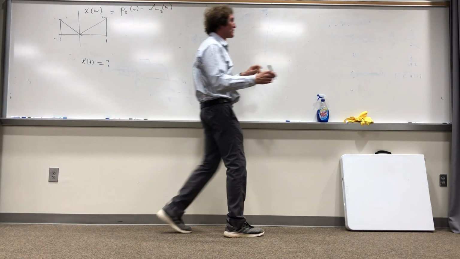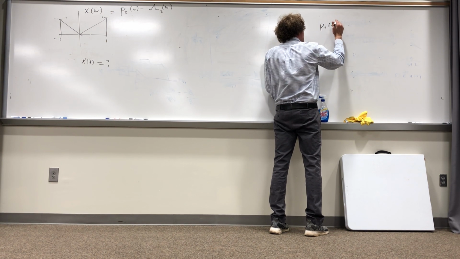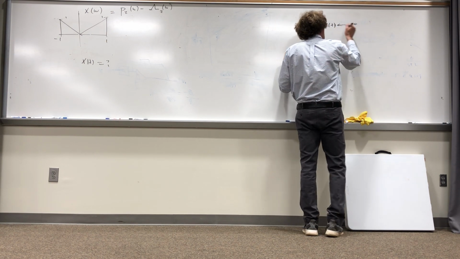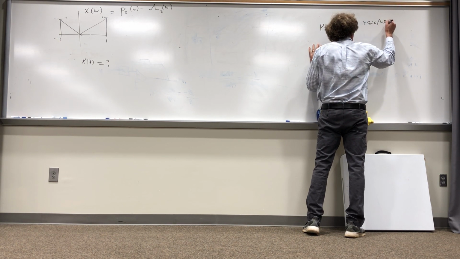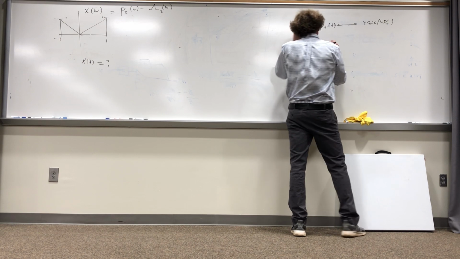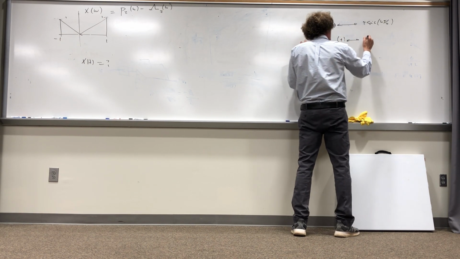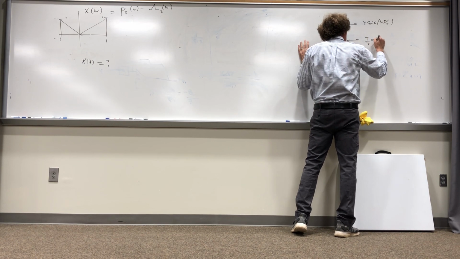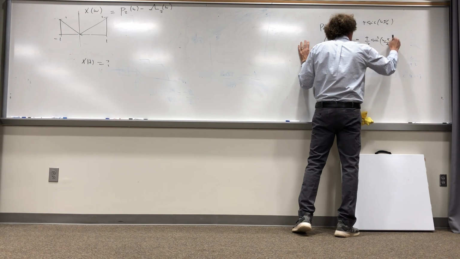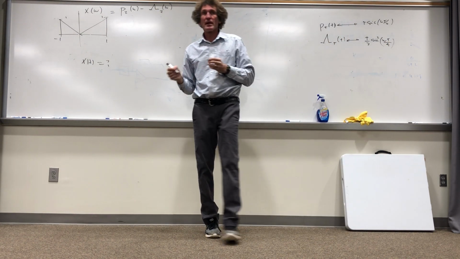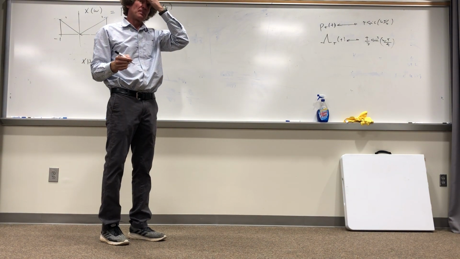You should know that a pulse function of width tau of t goes to tau times the sinc of omega tau over 2, and that a triangle function of width tau of t goes to tau over 2 times the sinc squared of omega tau over 4. Y'all remember those, class? And now I go and use duality to get what I want.